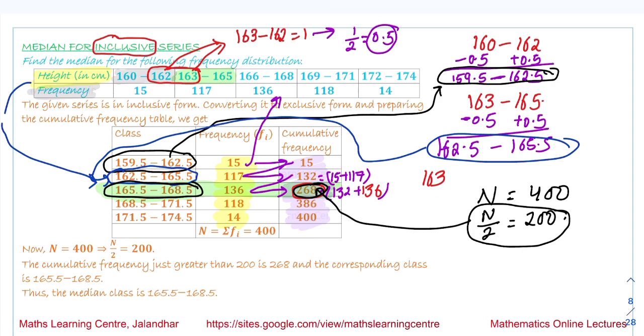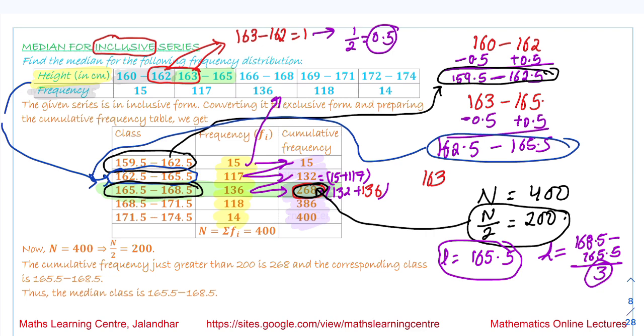If this is the median class, then the value of L is 165.5. The value of H is 168.5 minus 165.5, and the answer we obtain for this is equal to 3. This is the value of H. This is the value of L.